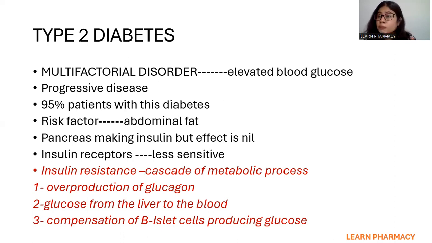This glucagon will convert glycogen into glucose. And the liver, which stores glucose, will receive signals to release glucose into the blood. And the third is that your beta islet cells will try to compensate, which will result in high blood glucose.